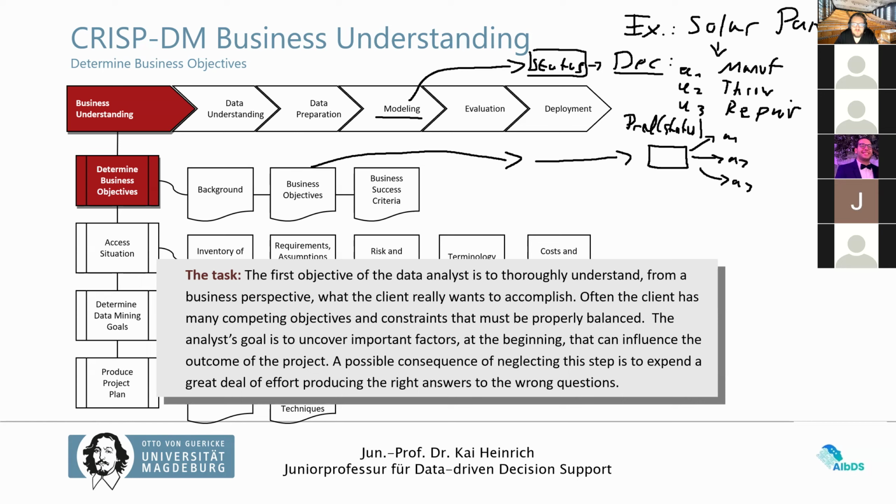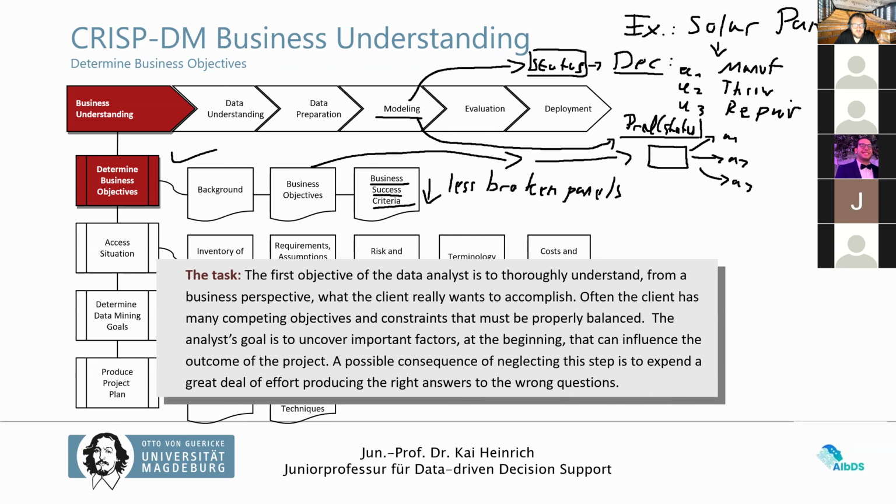And the status prediction, this is our model that we will produce. And this is also the success criteria: that we produce fewer broken panels. Okay?